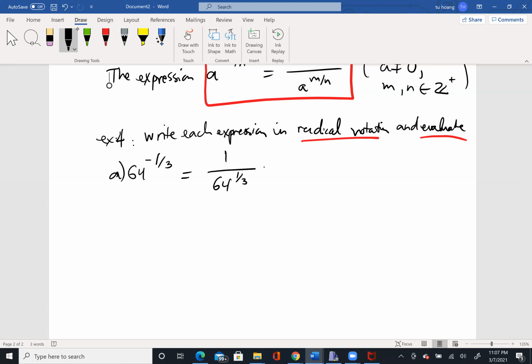And then change the bottom to become the root number 3, or cube root of 64. If you do it by hand, you have 1 over cube root of 4 to the power 3, which equals 1 over 4 as the answer.